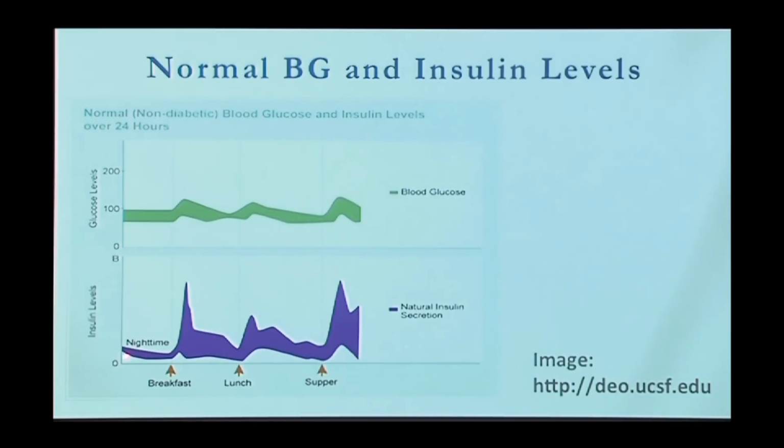The correlating insulin level is that after I eat, my body shoots up a bolus of insulin, then it comes down, and so on. But you can see that the amount of insulin never goes to zero. We always have some circulating insulin in the body, and that's what those long-acting insulins serve to replace.